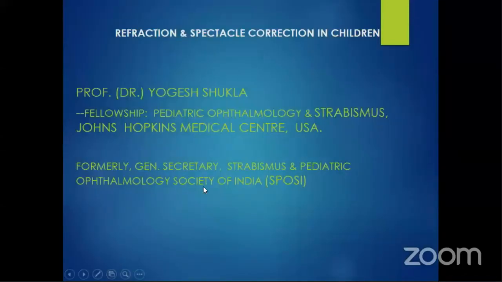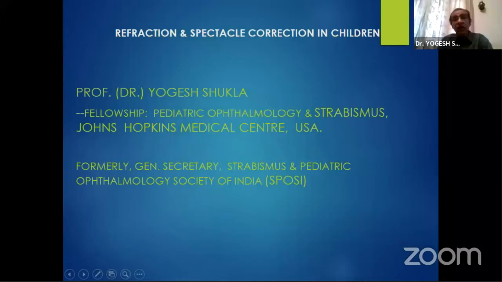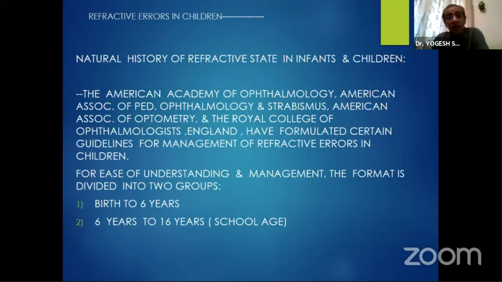Yes. Absolutely. So now before we start, to know the refractive errors, the status of refractive errors in children, and how they develop, and once you have an idea of how they develop, then only you can manage. You must always know the natural history of refractive errors.